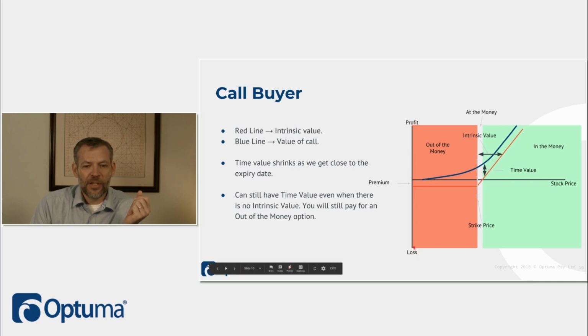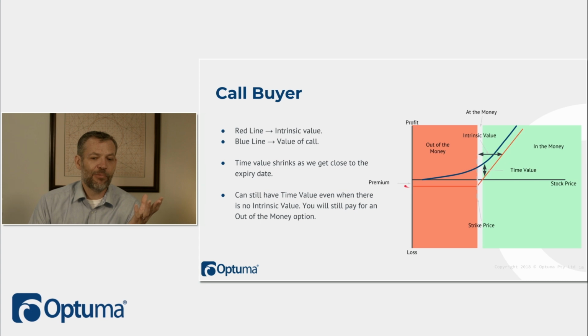versus my loss. Now, right at the start, if I buy an option, I'm at a loss because I paid a premium for that option. But as the price goes higher and hits the strike price here, and then goes through the strike price, as soon as the price is above the strike price, then my profit starts going up.